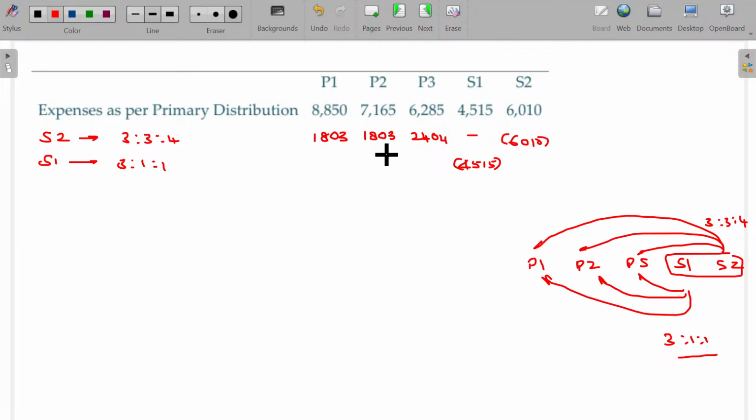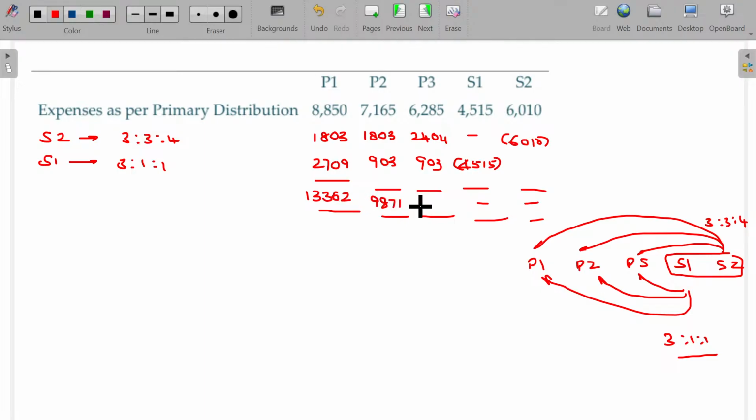For these 3 departments, 3:1:1: 2709, 903, 903. Okay, you add up these 3: 13,362, 9,871, 9,592. This is called direct distribution, very simple.